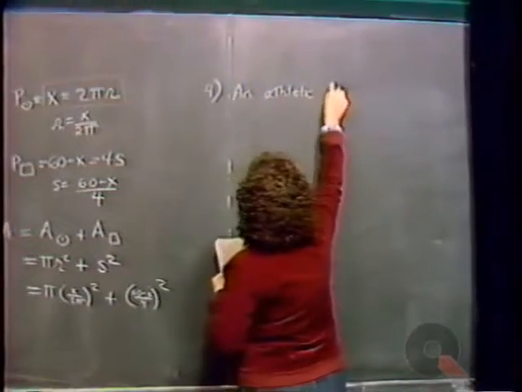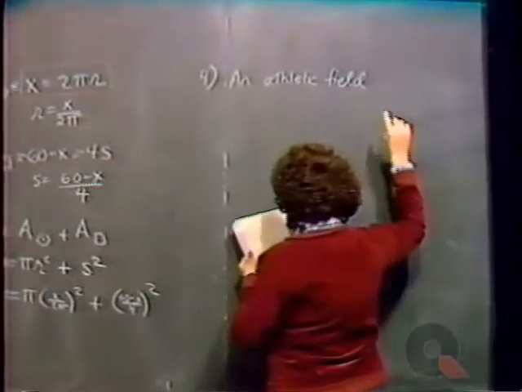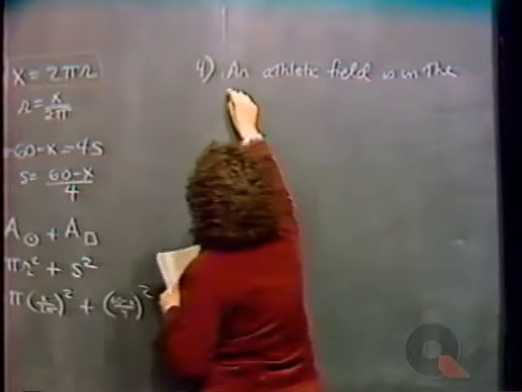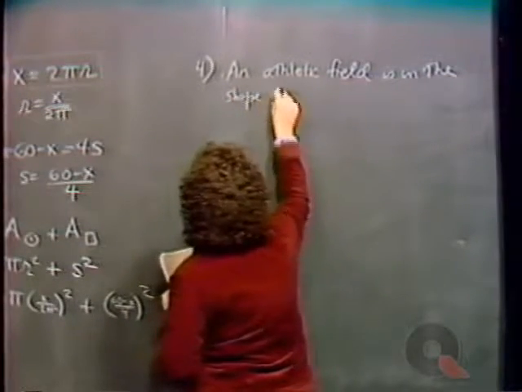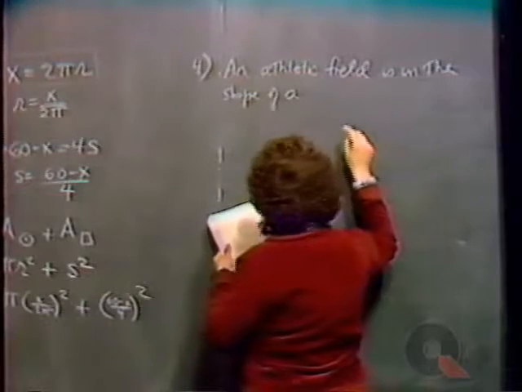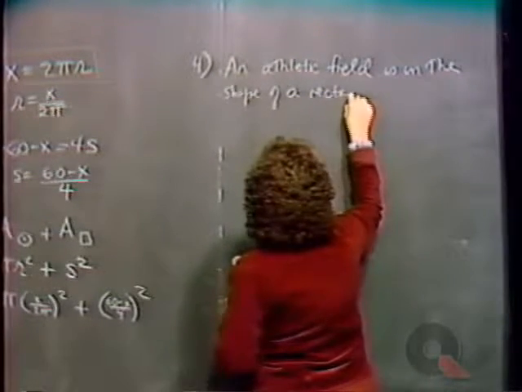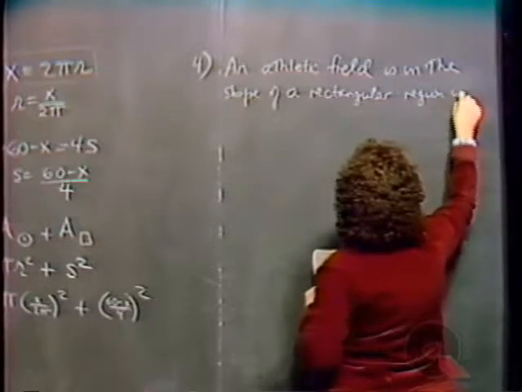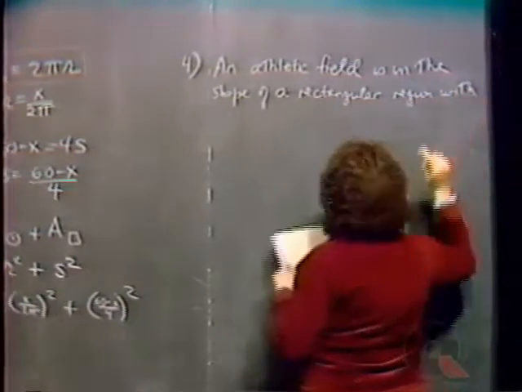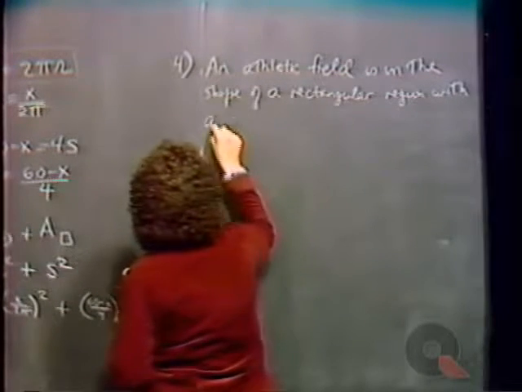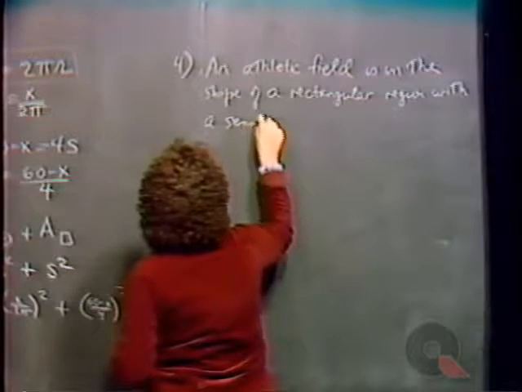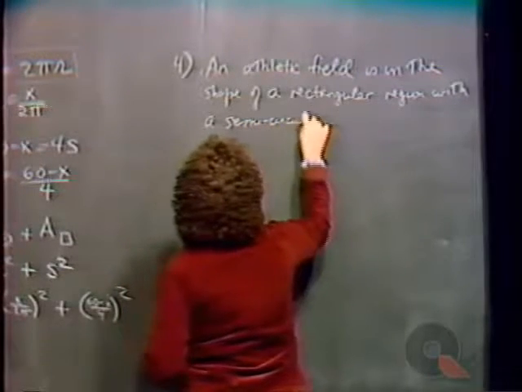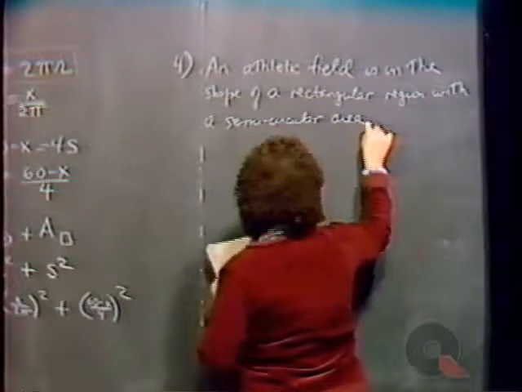An athletic field is in the shape of a rectangular region with a semicircular area on each end.